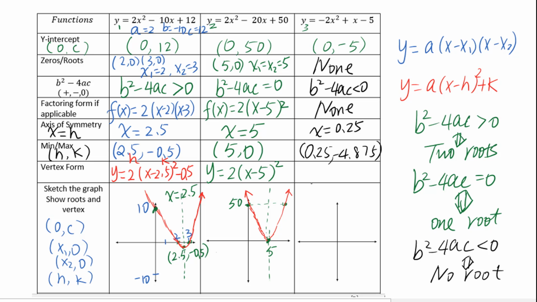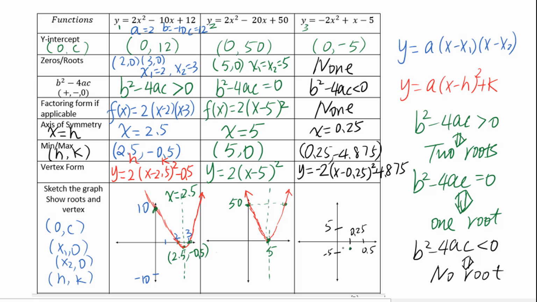So for the vertex form, you can write down this: y equals -2 times x minus 0.25 squared minus 4.875. For the graph, we can label this is a 5 or here is a -5. Then this one you can label as 0.25. Here is 0.5. And you will get the point like this.